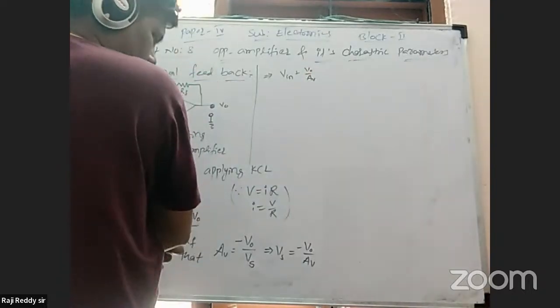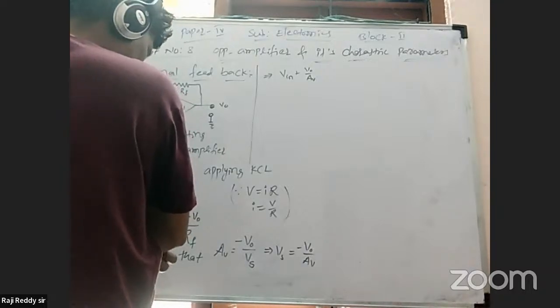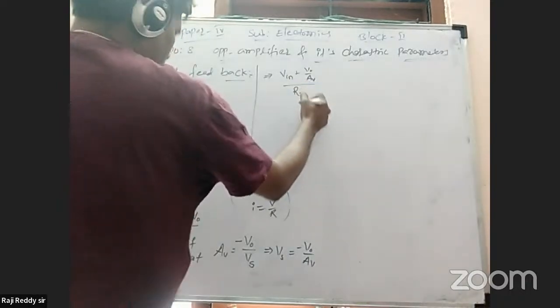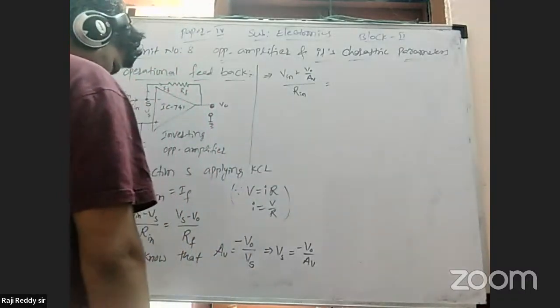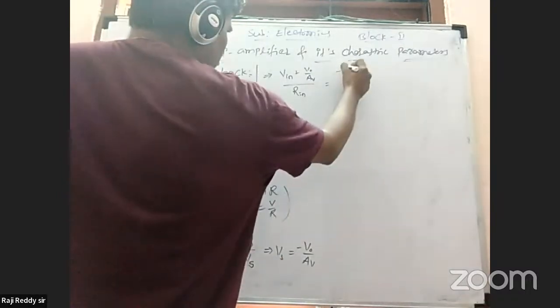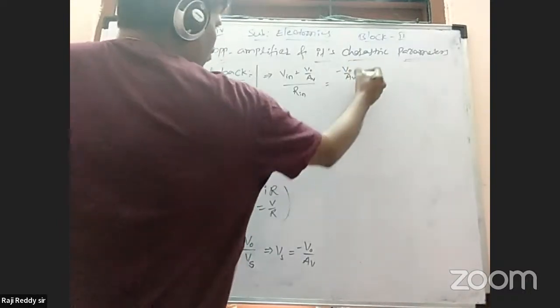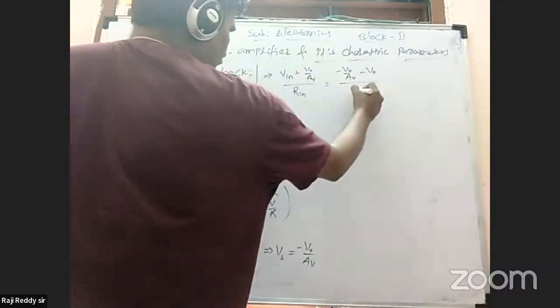So V in plus V naught by AV, by Rin, equals Vs minus V naught by AV, equals minus V naught by Rf.